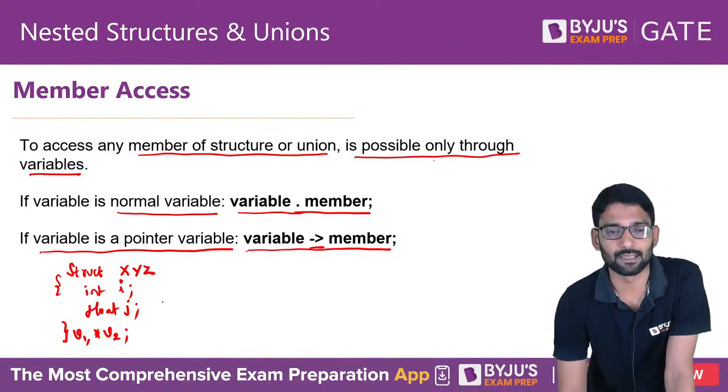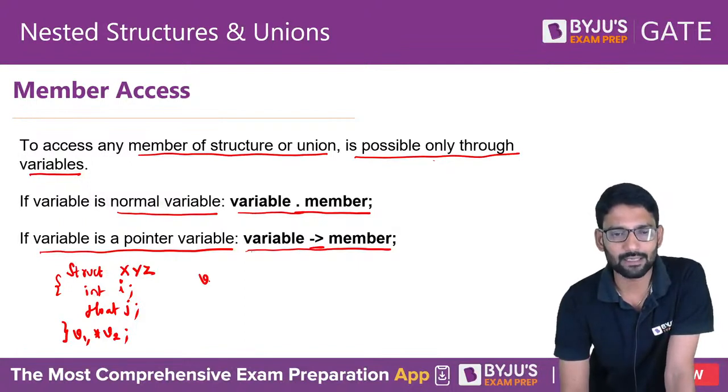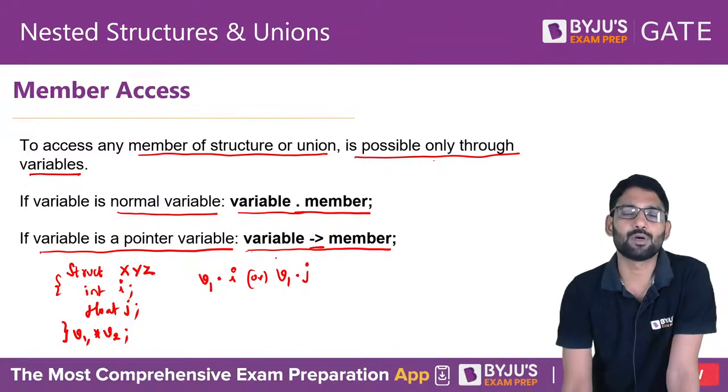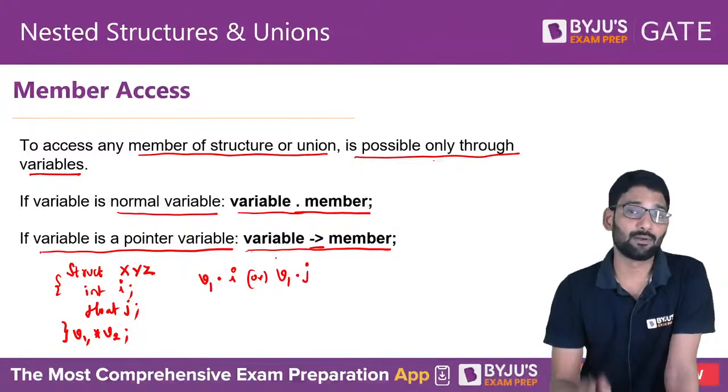Through a variable. So if you want to access v1's members, you can access them as v1.i or v1.j. Why? Because v1 is a normal variable.